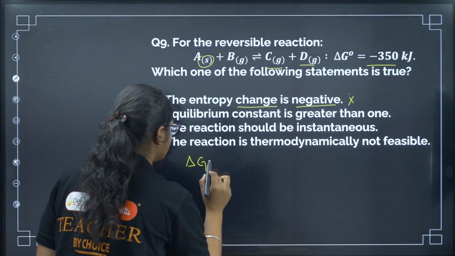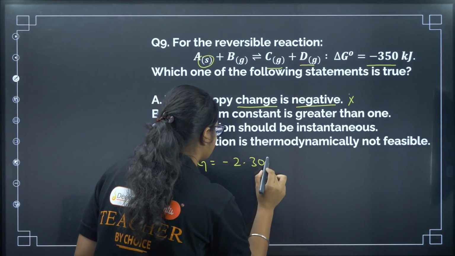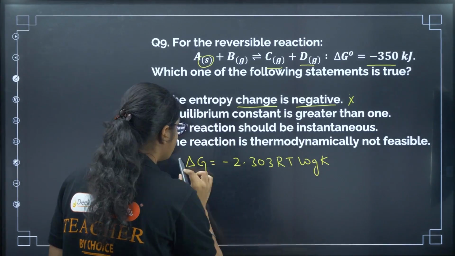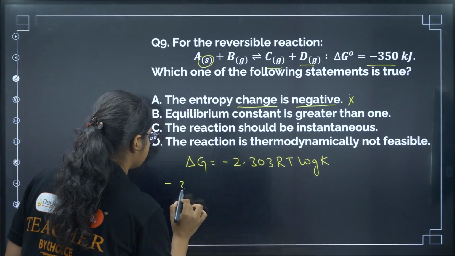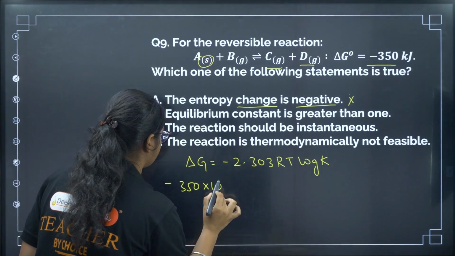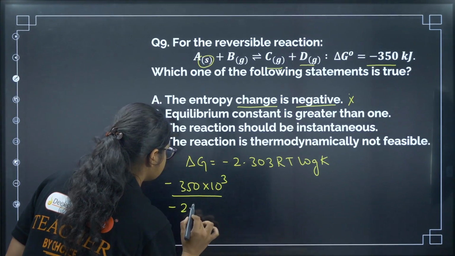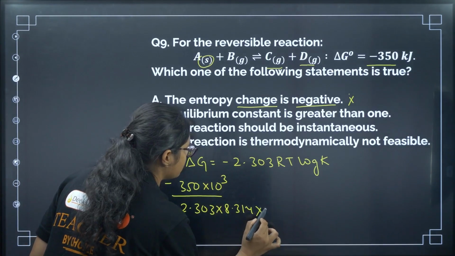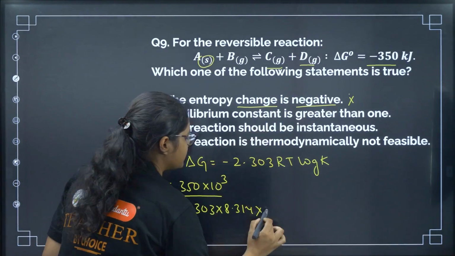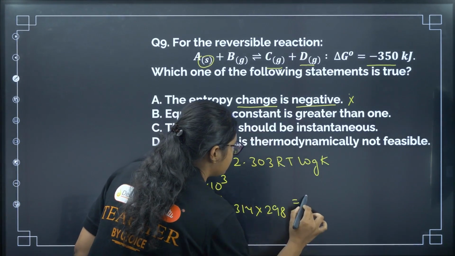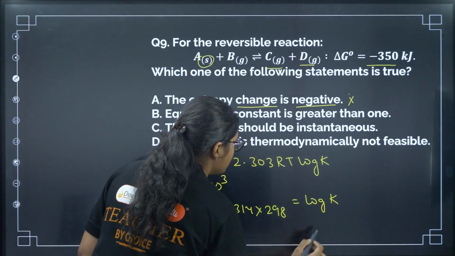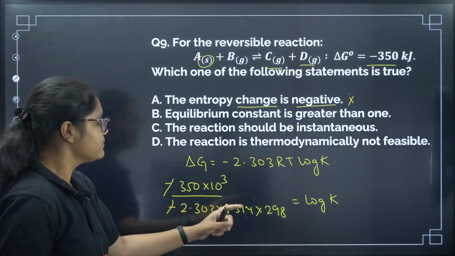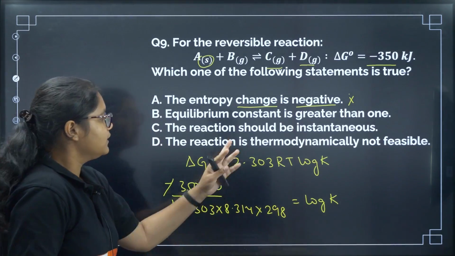Delta G is equal to minus 2.303 RT log of K. Right? Now if you solve this, delta G value is minus 350 into 10 to the power of 3, divided by minus 2.303 into 8.314 into the temperature, which is standard temperature, that is 298 Kelvin, that is equal to log of K. Now if you solve this, the K value will be greater than 1.